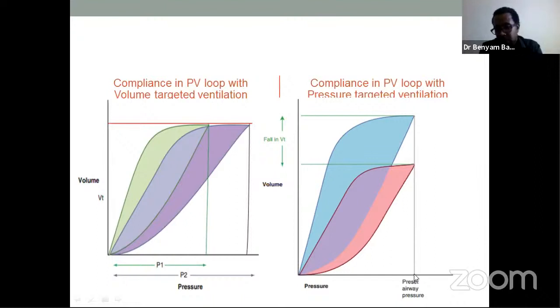And for the same pressure on the blue shaded area, we achieve a different tidal volume. So this implies that the compliance is poor. The first graph represents a good compliant lung, and this one represents a poor compliant lung.